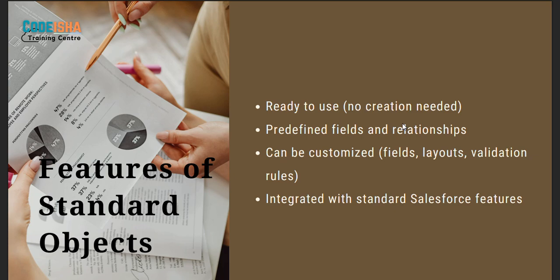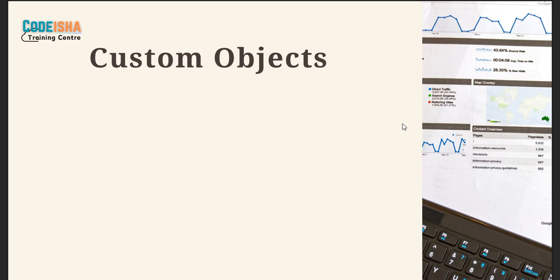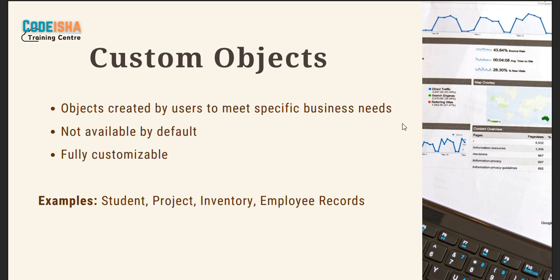And coming to custom objects, these objects are created by users to meet specific business needs. They are not available by default. They are fully customizable. Whatever custom objects we have are created by the users, not by default, and we can do whatever we need: delete, edit, or create.